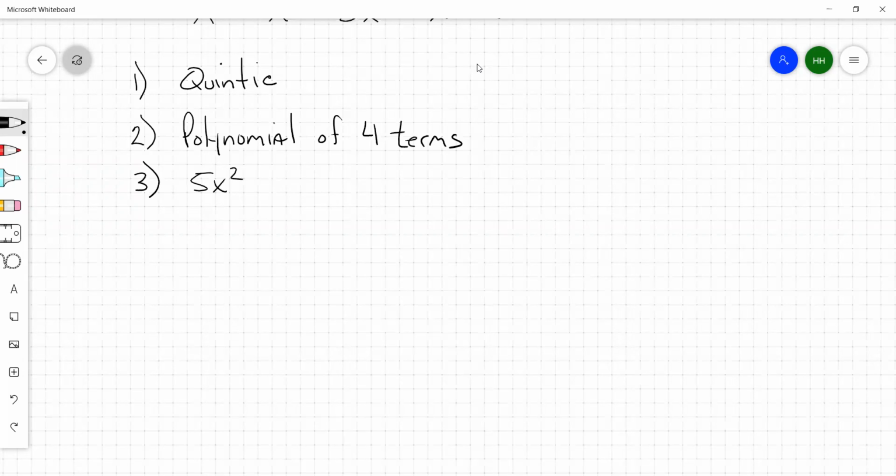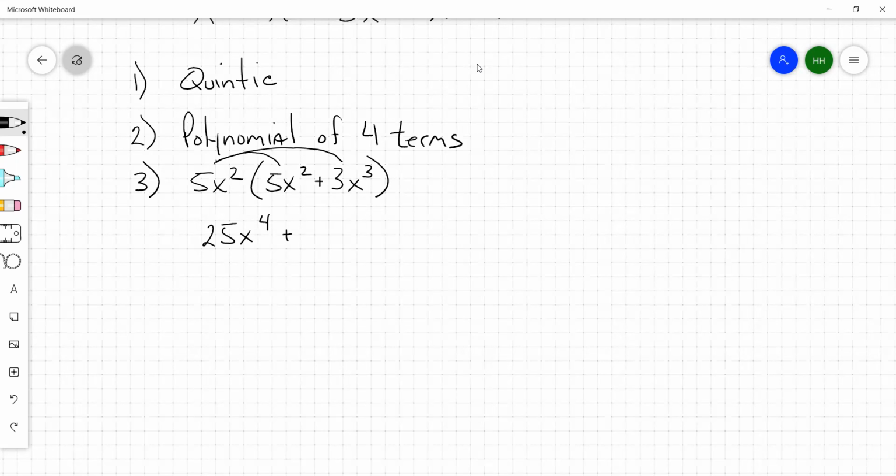You've got 5x squared times 5x squared plus 3x to the 3rd. And you need to write it in standard form. So you're going to do the distributive property. You're going to multiply right here, and you're going to have 25x to the 4th. And then you're going to multiply right here.